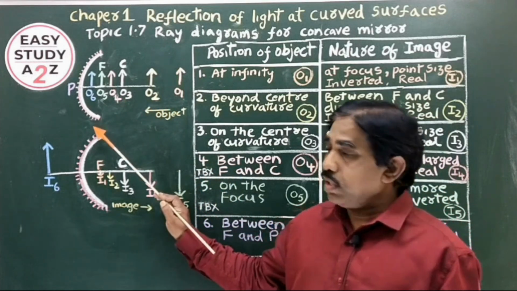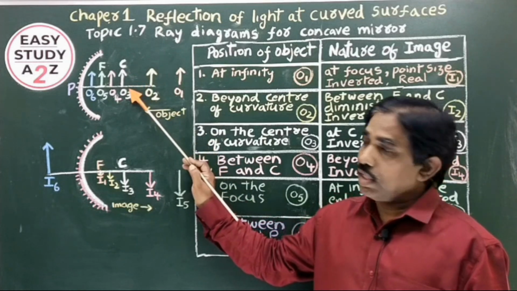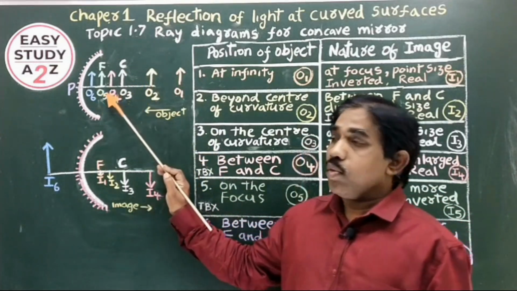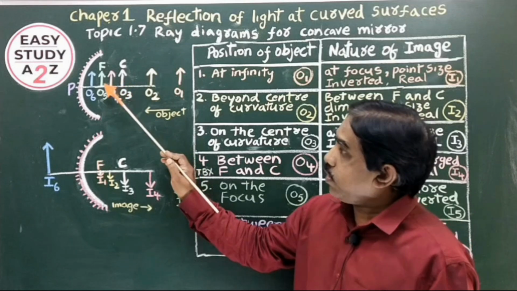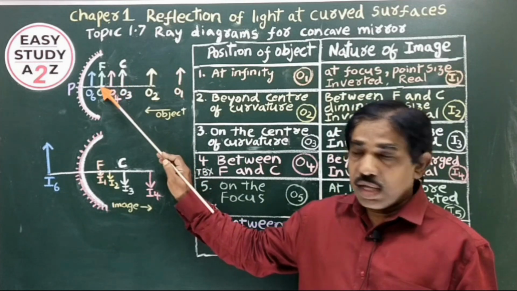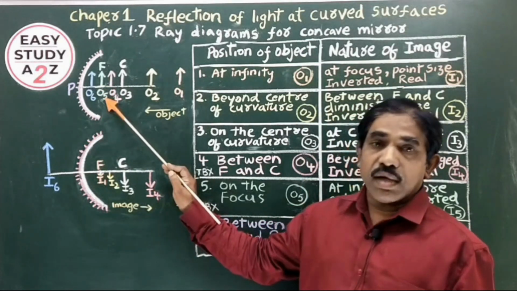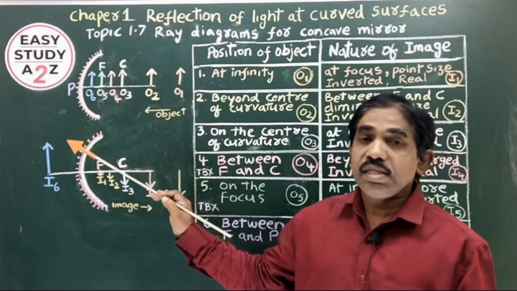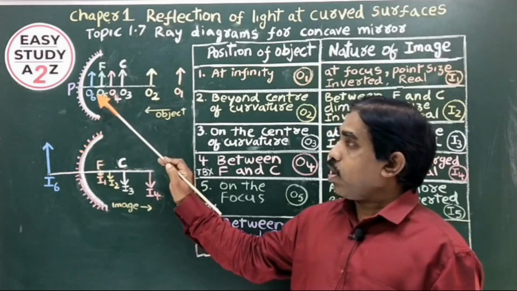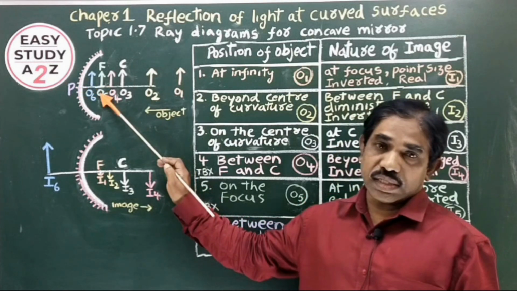At the third position we keep the object at the center of curvature, at the fourth position between the center of curvature and the focus, the fifth position at the focus, and the sixth position between the pole and the focus.